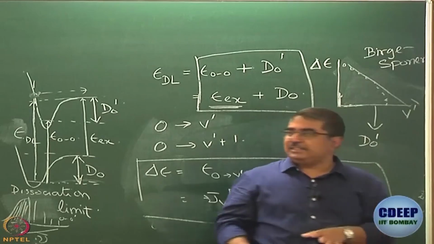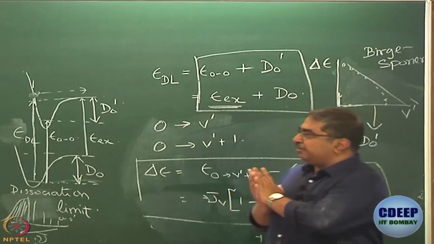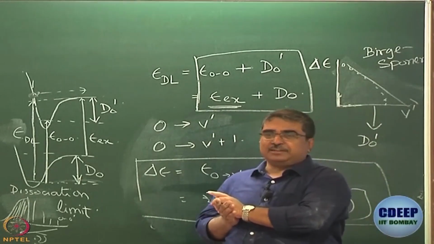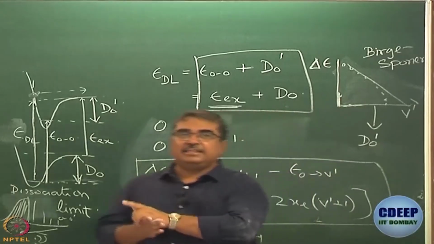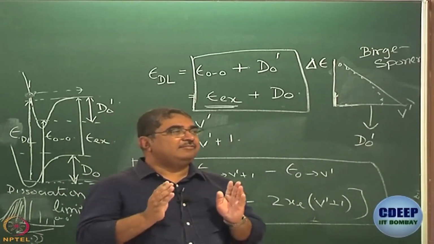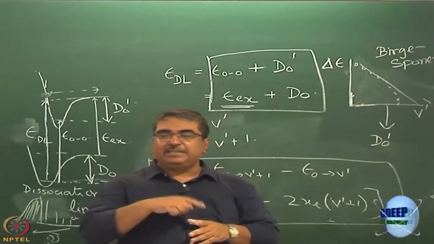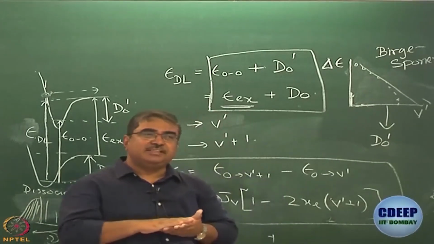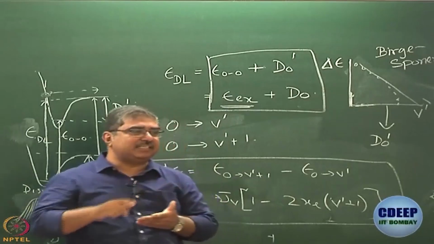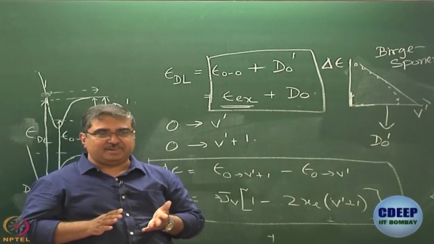alright. So, this is your effect of vibrations on electronic spectra. What you get is a vibrational fine structure, vibrational structure, let us say. The involvement of vibrational levels renders a vibrational structure to the electronic spectrum.